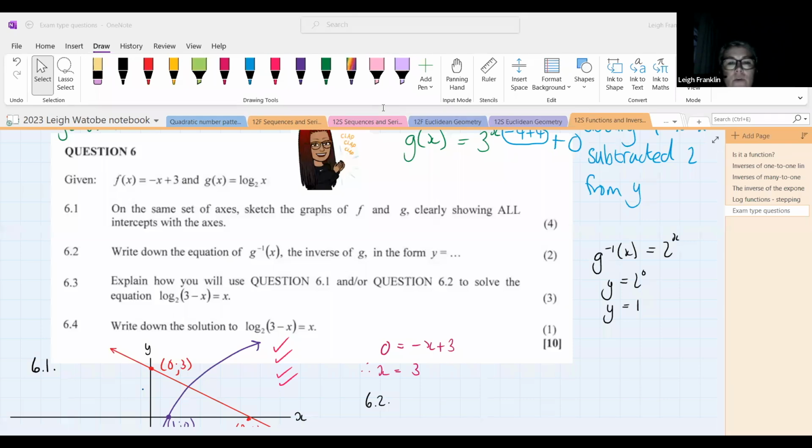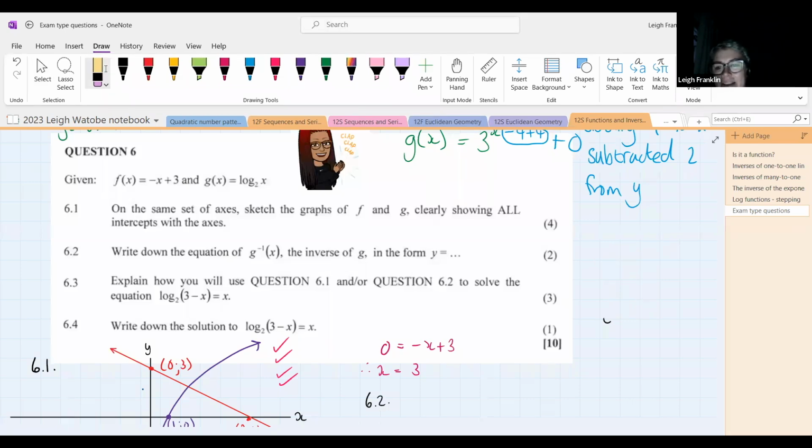Danelle, you're welcome to ask. Hi, ma'am. Can you hear me? Yes, I can. What do you want to ask? Ma'am, as you said, by the log function we always get 1 and 0. But in my maths class, we would also find the intercepts of the exponential function and then swap the intercepts.